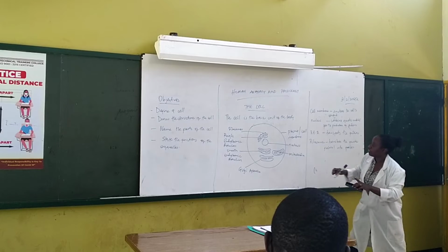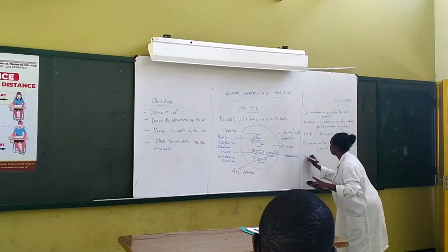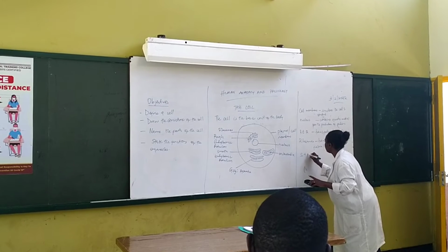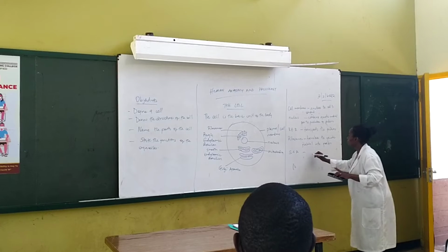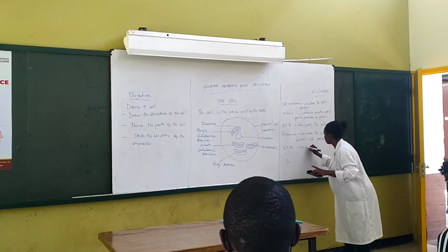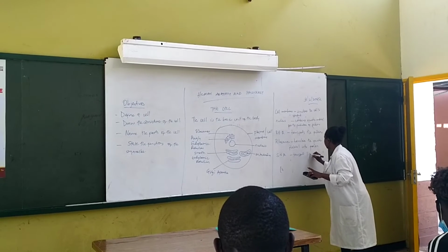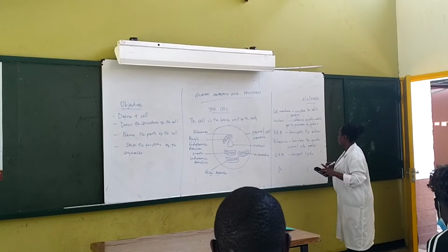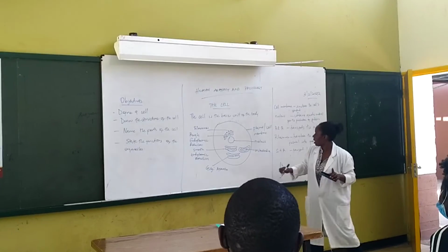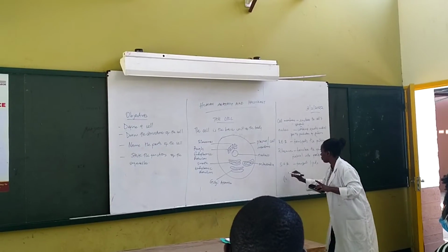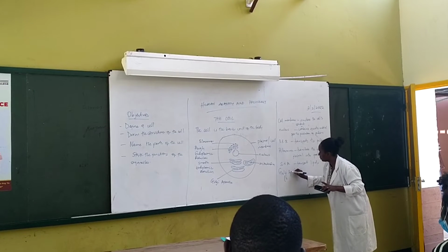Then we have the smooth endoplasmic reticulum. We shall write it as SER. It is used to transport lipids. Then we also have the Golgi apparatus.